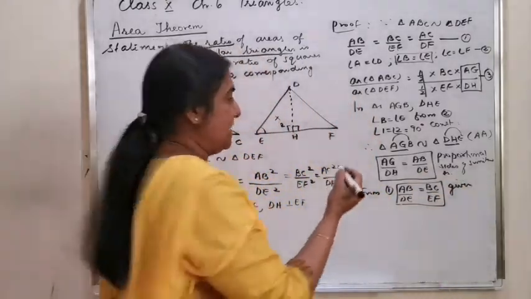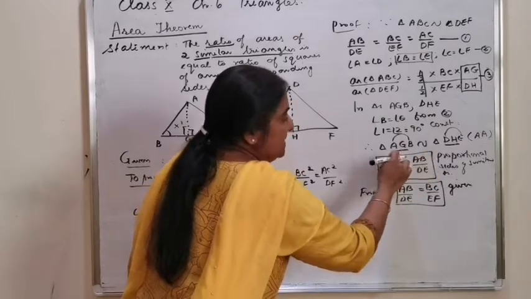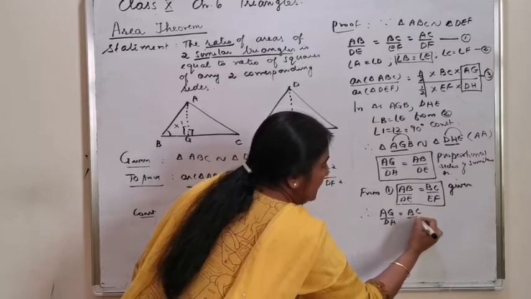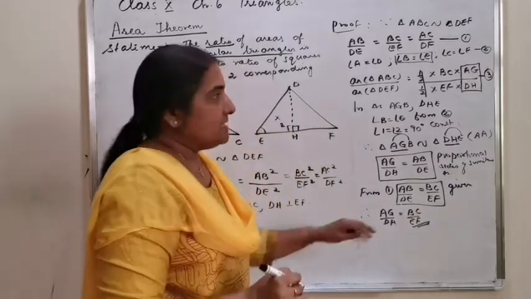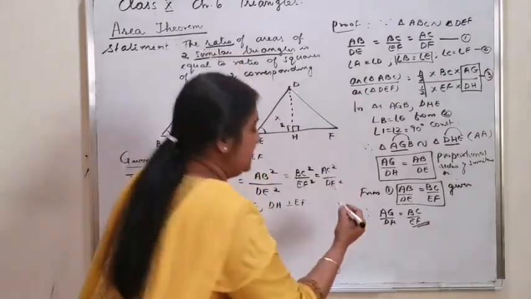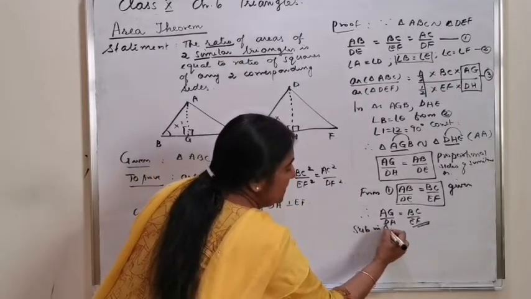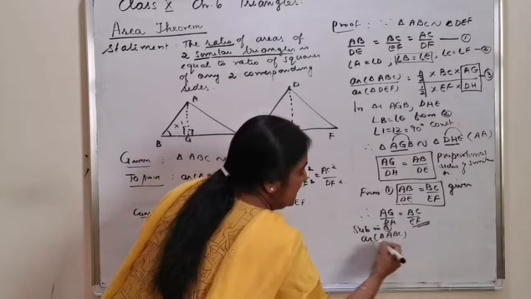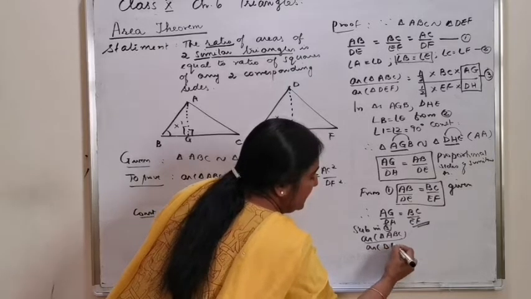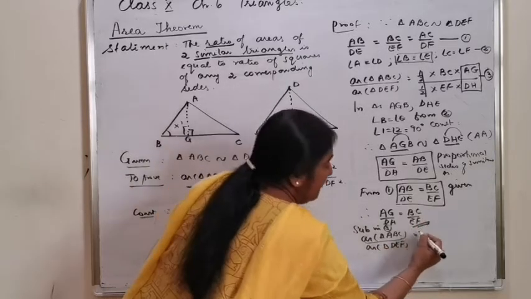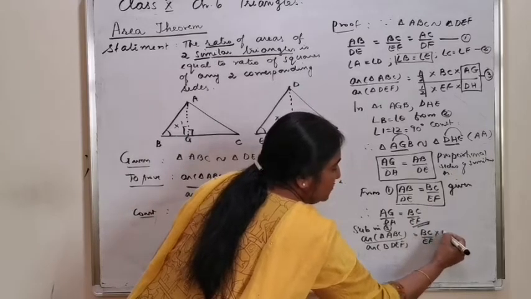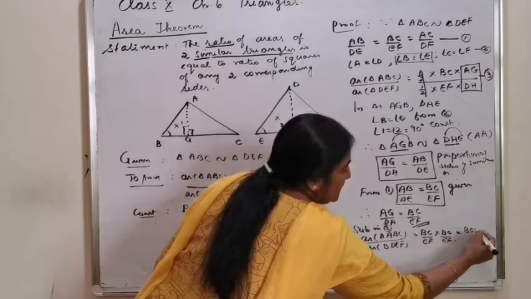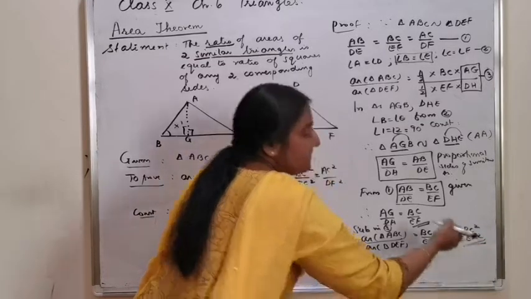Thus, what can you say? Therefore, AG by DH is the same as BC by EF. You proved it. Substituting in equation number 3, the theorem is proved as area of triangle ABC by area of triangle DEF is the same as BC by EF into BC by EF, which is the same as BC square by EF square.